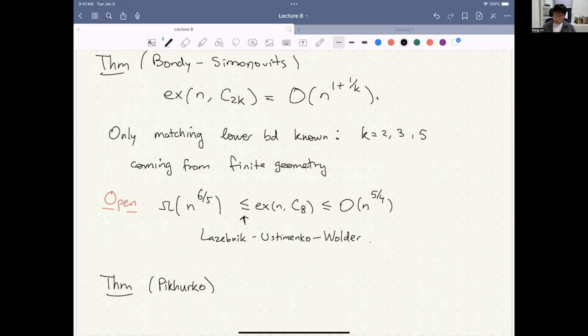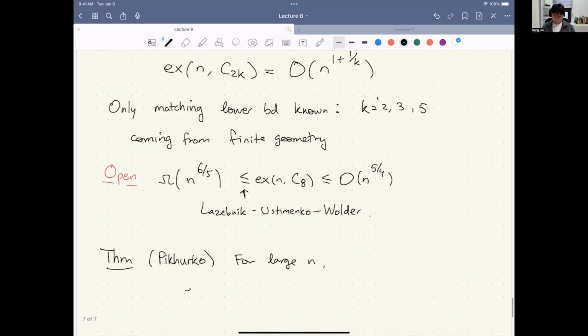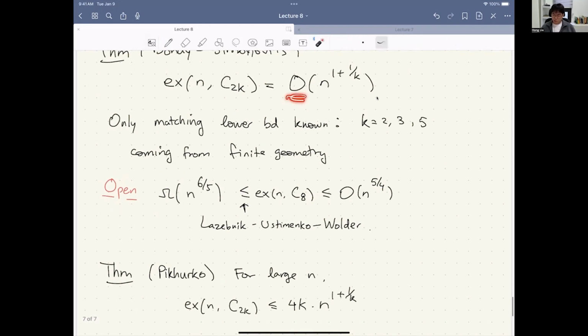Actually, I will only present a sketch of this proof. For large n, the extremal number of C_2k is at most 4k times n to the 1 plus 1 over k. So we have an explicit constant here.